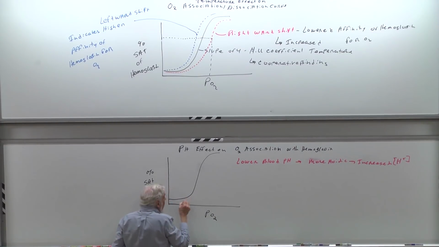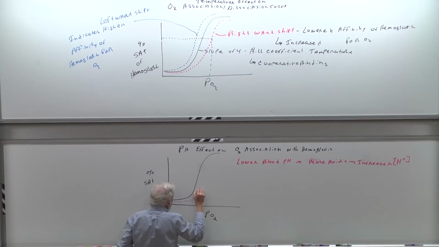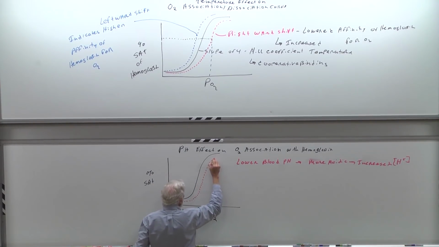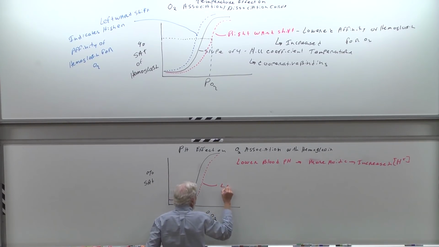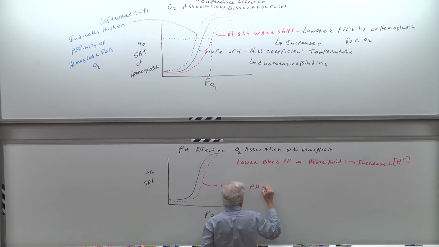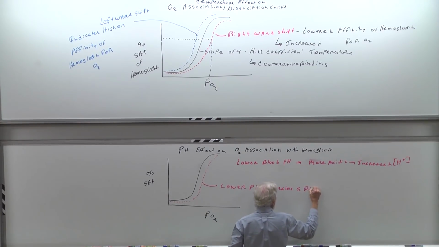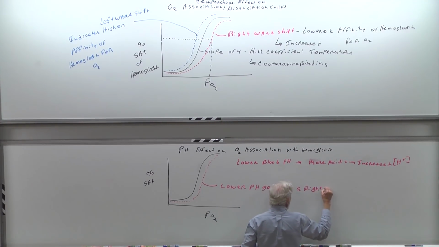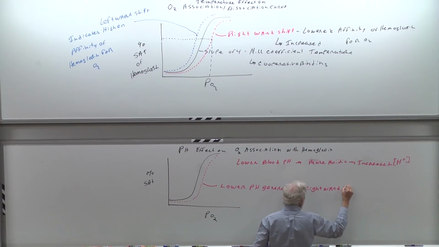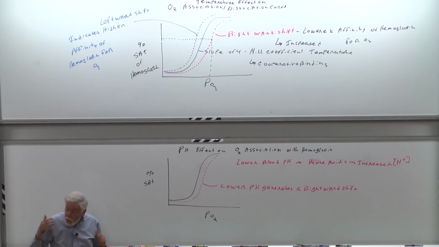What we find is that if we lower the pH, we get this classic rightward shift. So lower pH generates a rightward shift. And just as above, what that rightward shift says is you're more likely to give up the oxygen from the hemoglobin.